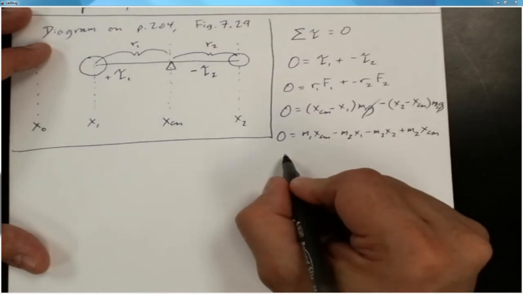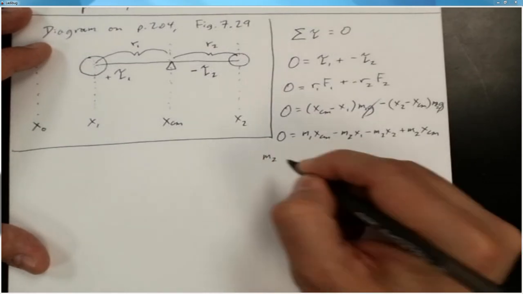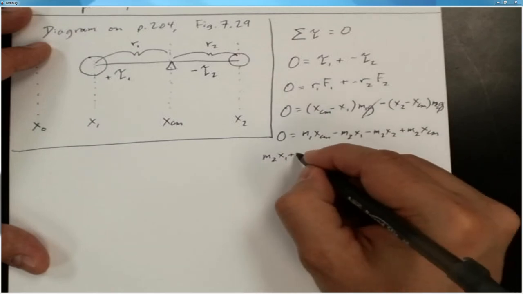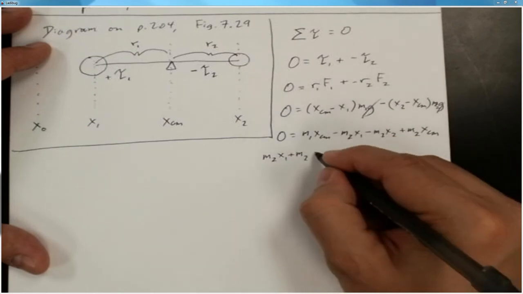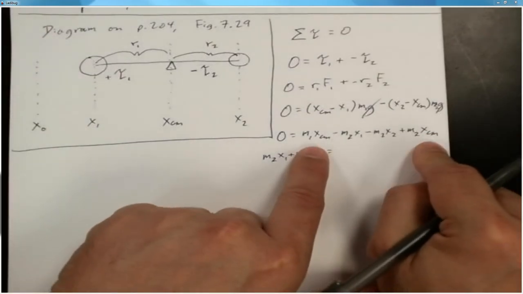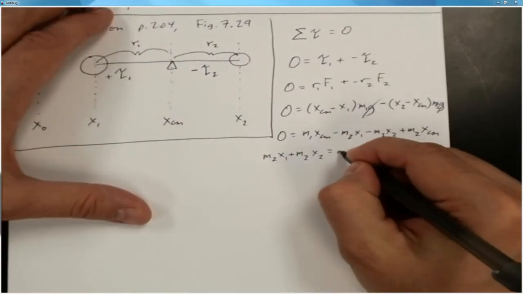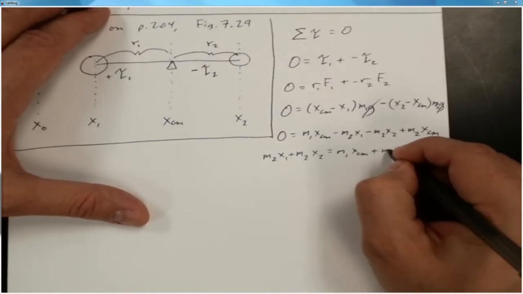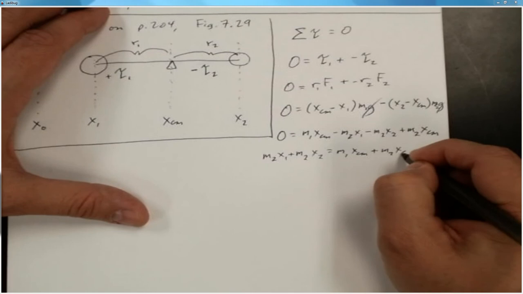So this is going to be m1 x sub 1 plus m2 x sub 2 is equal to, now I have this and this left on this side, m1 x sub cm plus m2 x sub cm.